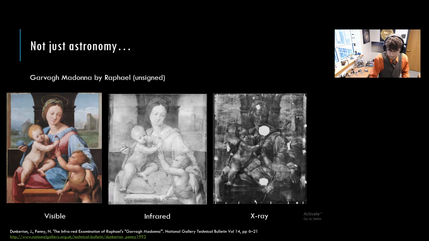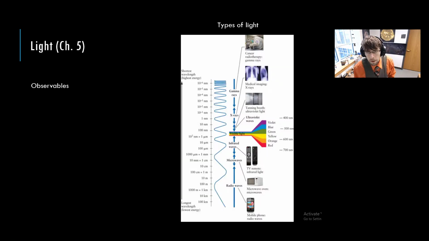Okay, so let me give you an idea. So we're moving into chapter 5, and we are going to be using light. And in particular, we are going to be using light to infer quantities about distant objects. If I think about light for a second, what observables can you tell me about light?